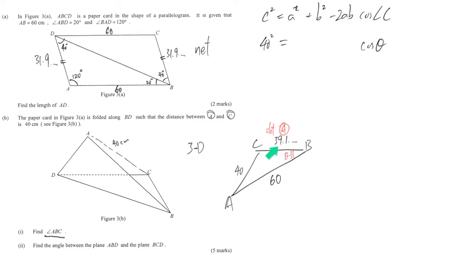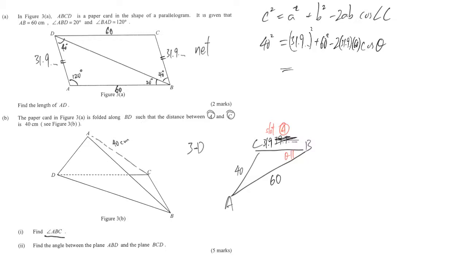A and B, that means another two sides, no matter which one first, are the same. So this is 31.9, very careless mistake. 31.9. B is 60, and then minus 2 times 31.9 and 60.